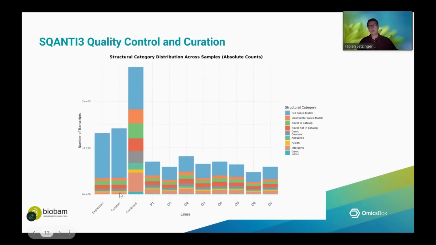And when we do so, we see that a very notable amount of the transcript models are actually being filtered out, which is, of course, not to say that it is in any way guaranteed that there are no artifacts left in our curated transcriptome.